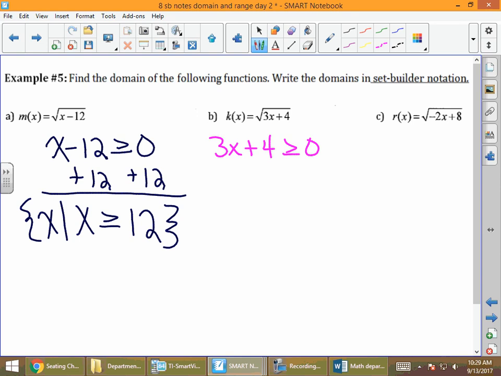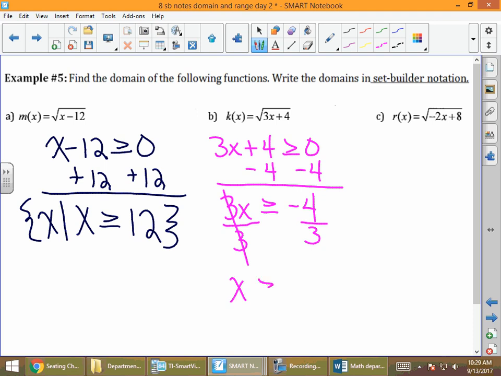So it's got to be greater than or equal to. We subtract 4 from both sides, and we end up with 3x is greater than or equal to negative 4. And then we're going to divide both sides by 3. And we end up with x is greater than or equal to negative 4/3.